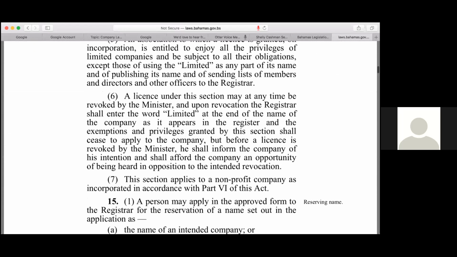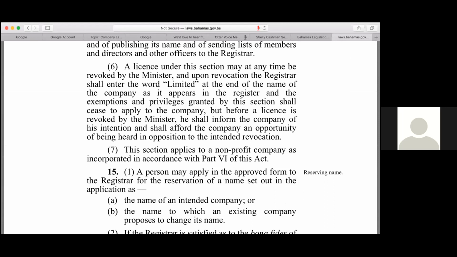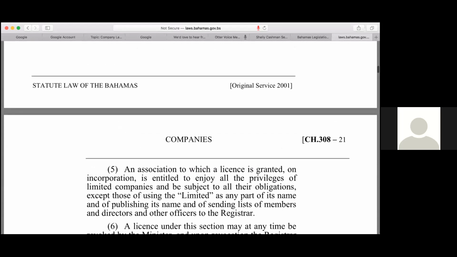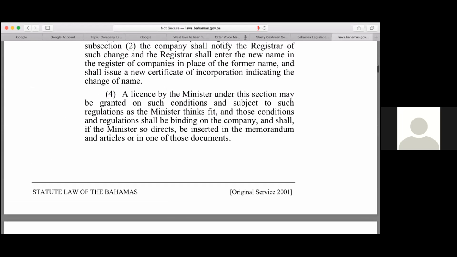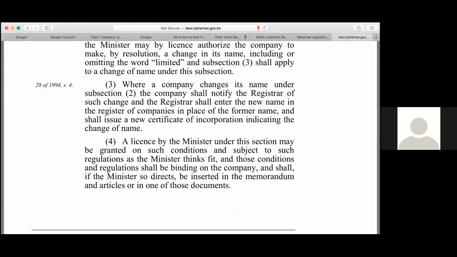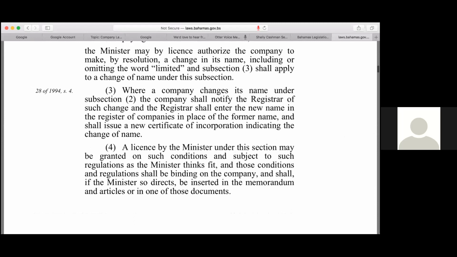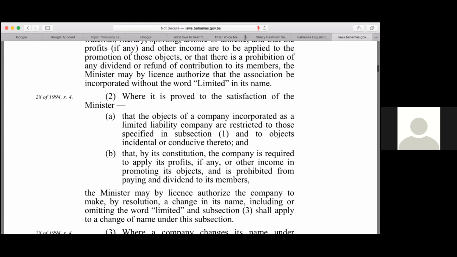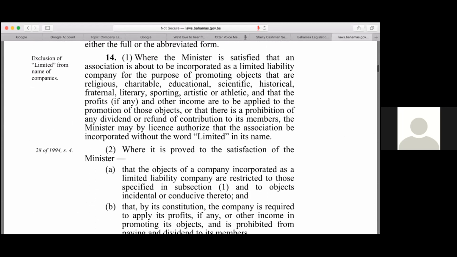And subsection 3 shall apply to a change of name under this subsection. And all of this, this whole section 14, applies to nonprofit.